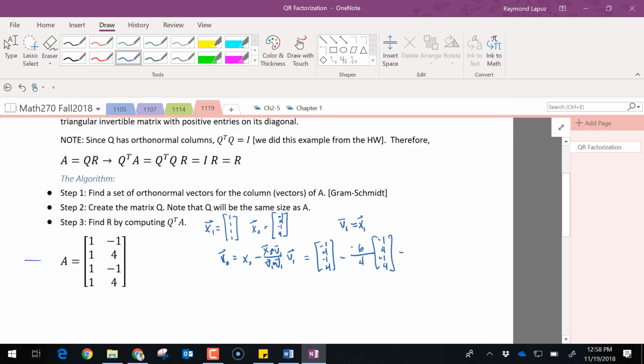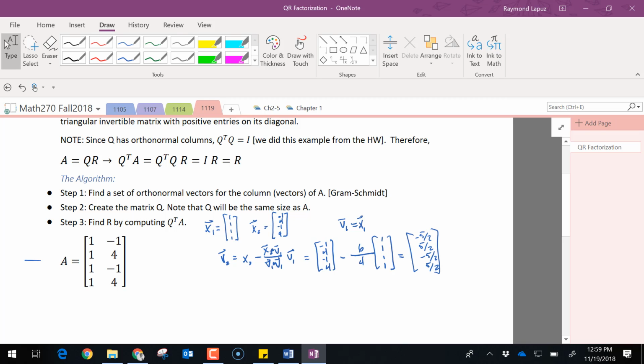Negative 1 minus 3 halves is negative 5 halves. 4 minus 3 halves is 5 halves, positive 5 halves. And then we get the same numbers. So this is your v2.